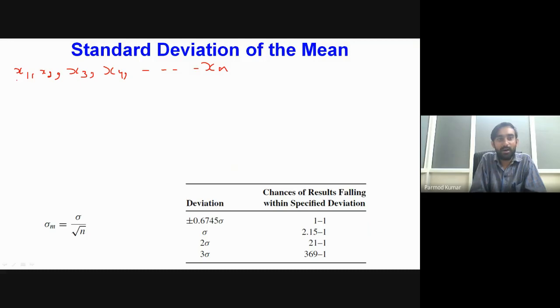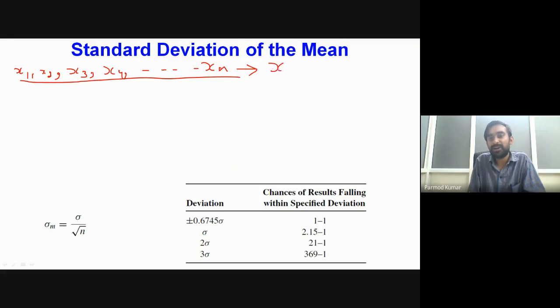For all these n data points, we define some mean value, xm, and we say that this xm is a true representation of our experimental measurement. Now let us consider that when we first performed the experiment, we obtained the mean value as xm1.